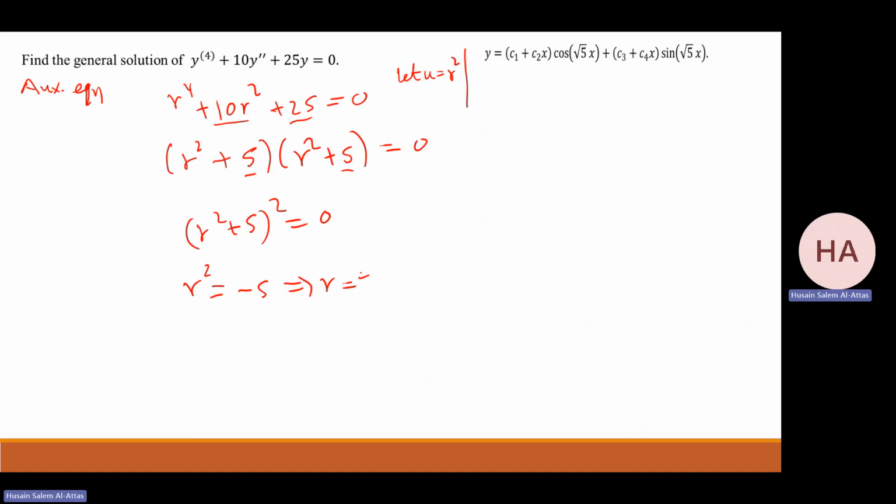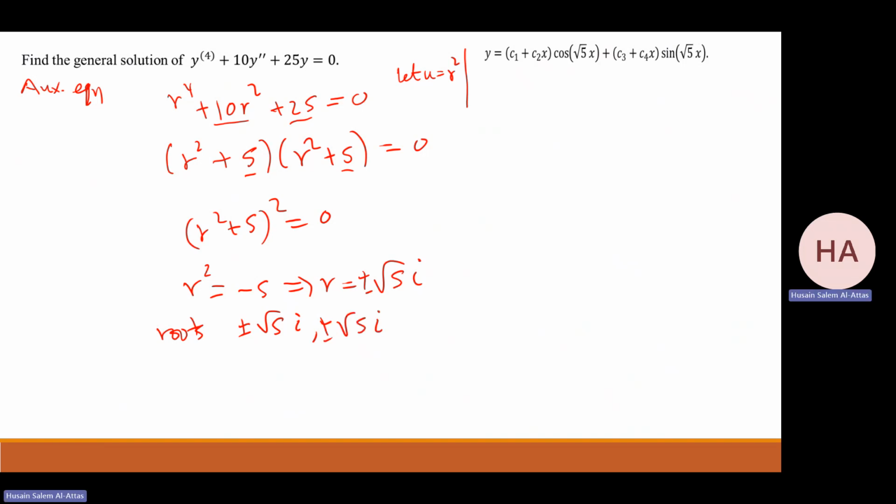So R will be plus or minus the square root of 5i. So the roots are plus or minus square root of 5i, plus or minus square root of 5i. So they are repeated.